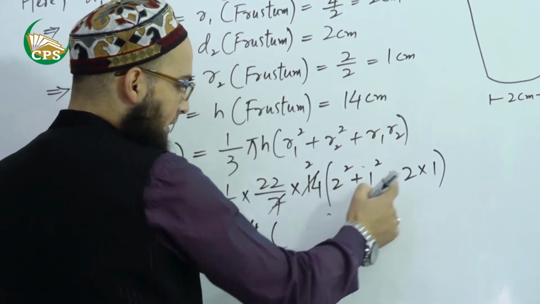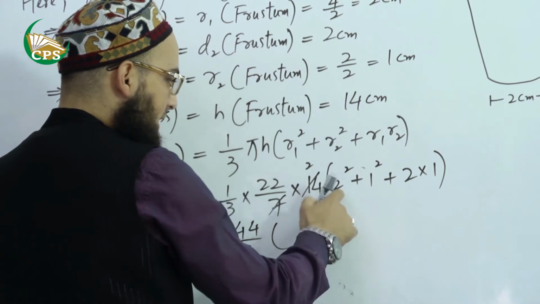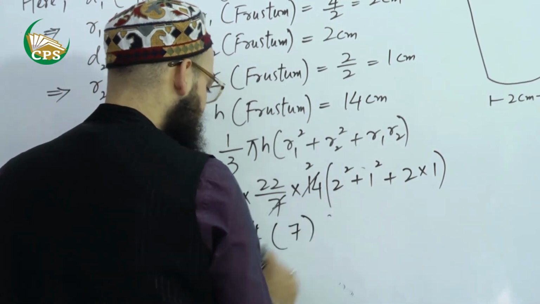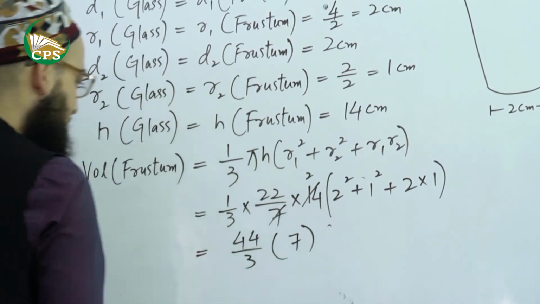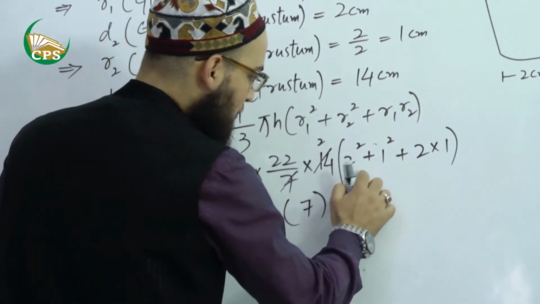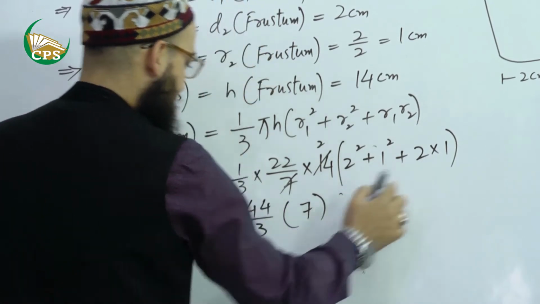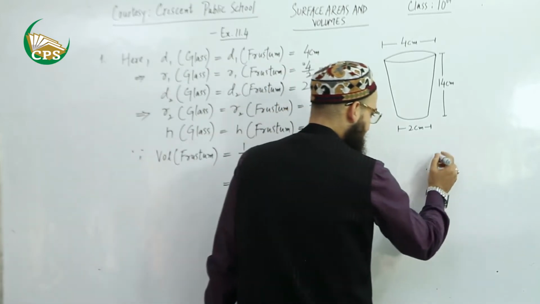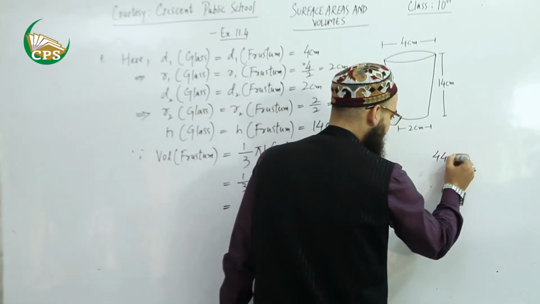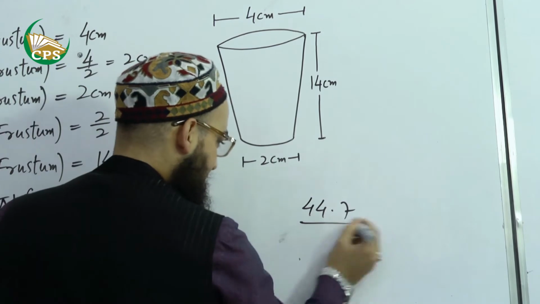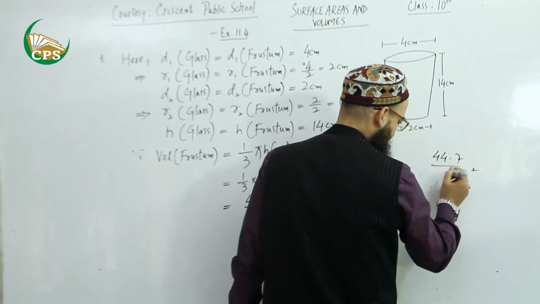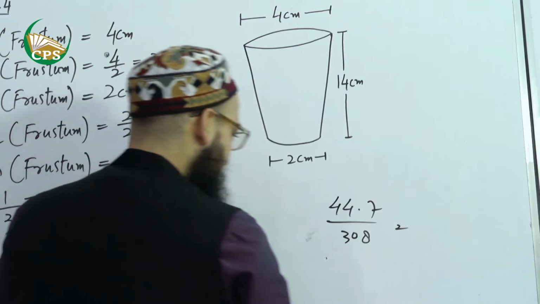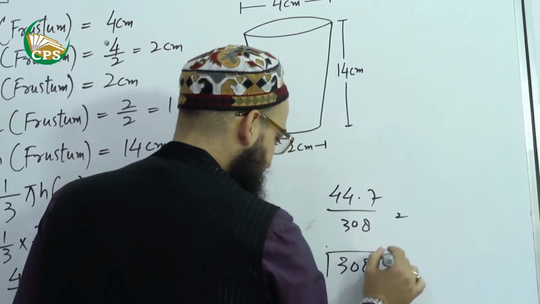Then in brackets we have 2 twos 4, 4 plus 1 is 5, plus 2 is 7. Now 44 times 7, we can do the multiplication simply. 44 times 7, so this is 308. Then we have divided by 3.